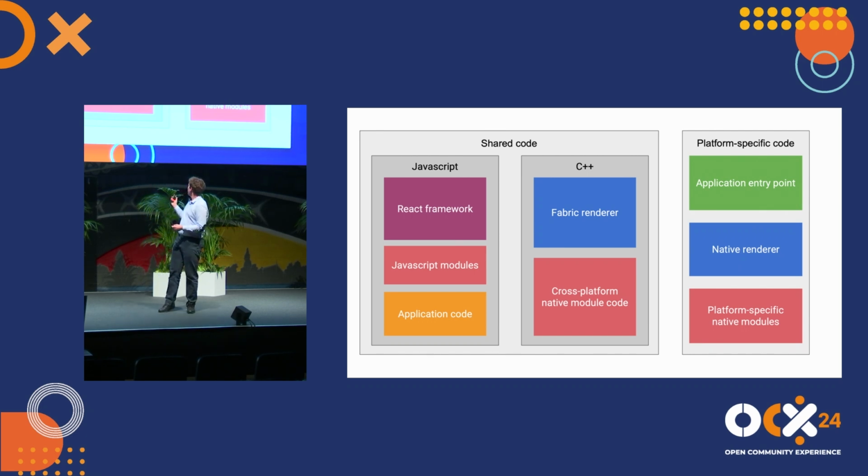And there are also the platform-specific native modules, which are called from the JavaScript modules, and in the platform-specific native modules, you call all the native APIs a platform provides. And you also can write your own native modules. And then between these two layers, there's the C++ layer with the Fabric renderer, with the cross-platform native module code. So it's mainly a glue layer, to be honest.